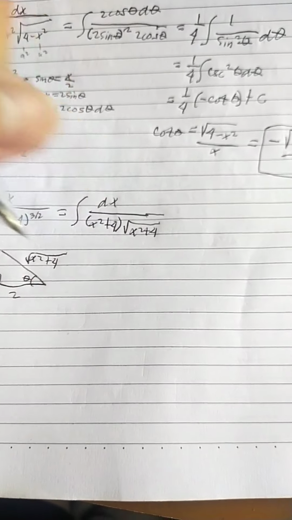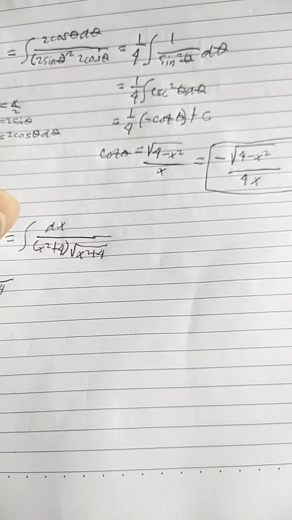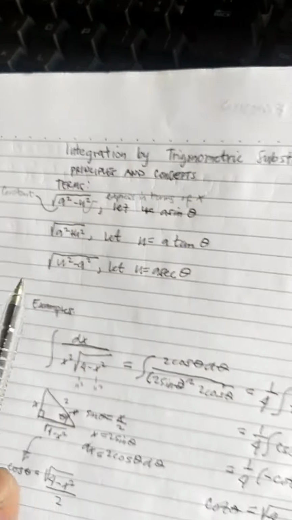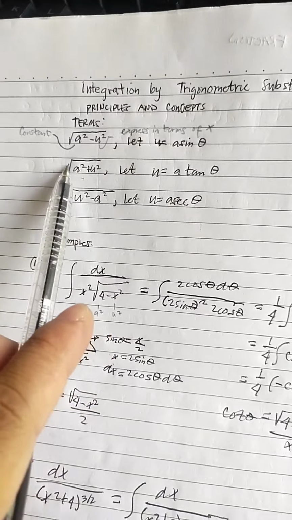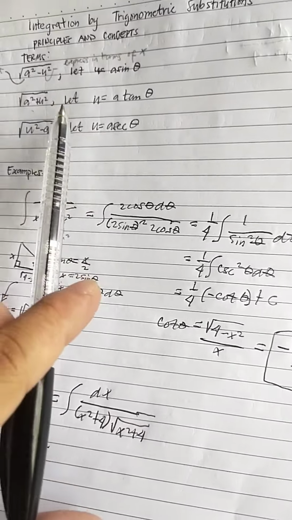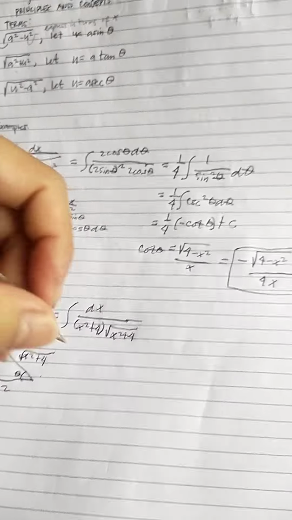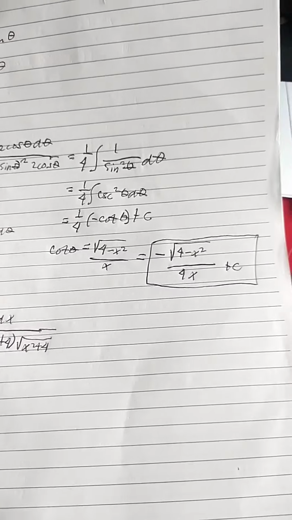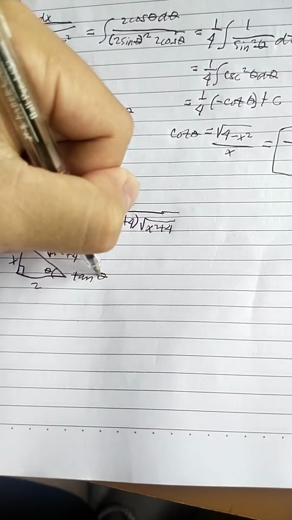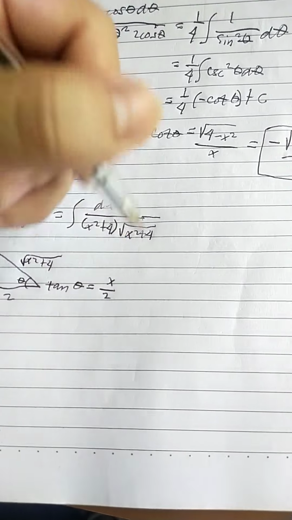So in our form, the square root of a squared plus u squared, u is equal to a tangent theta. So tangent theta is equal to opposite over adjacent.